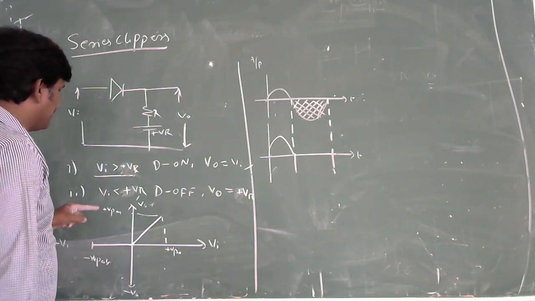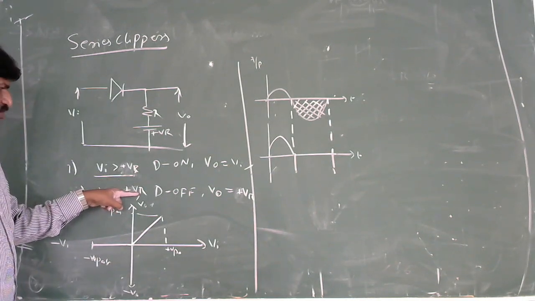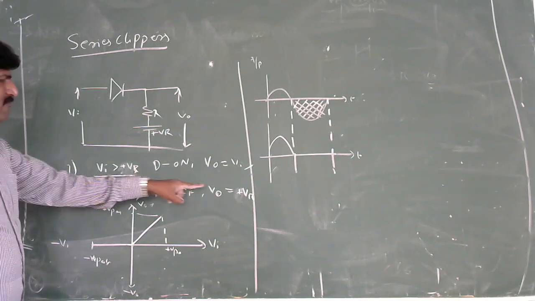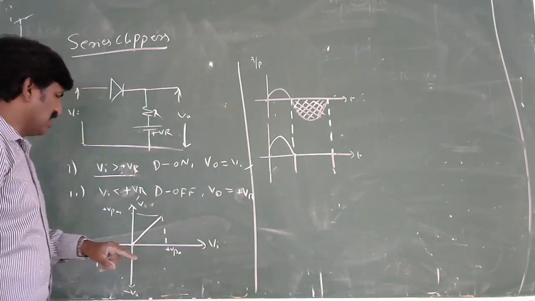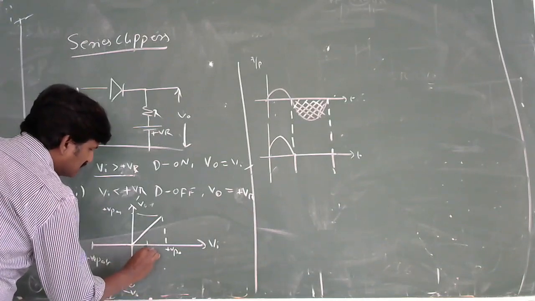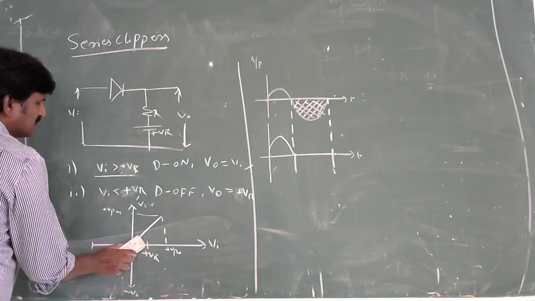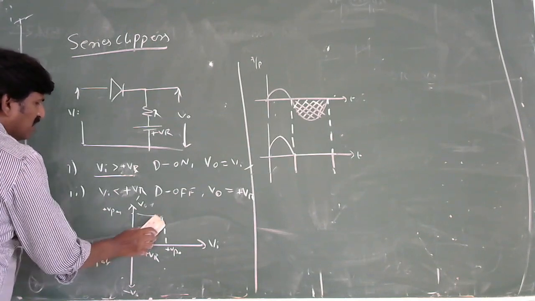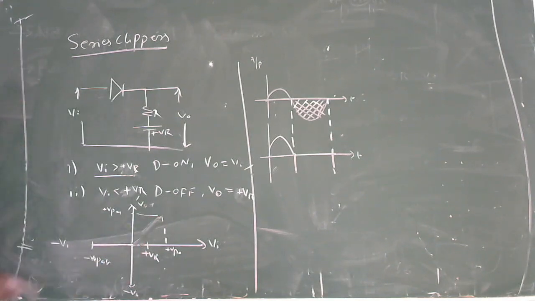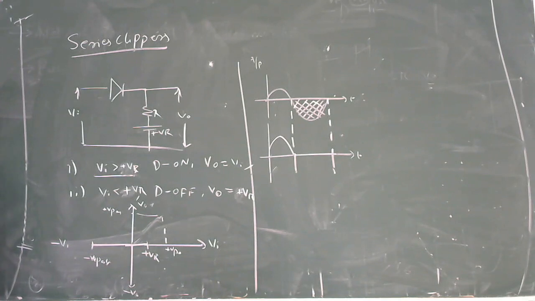For Vi less than or equal to plus VR, V0 is equal to plus VR, because it is a positive reference. Until it reaches the plus VR voltage, the diode is in the off condition. Then you have to extend this clipping portion up to the plus VR.